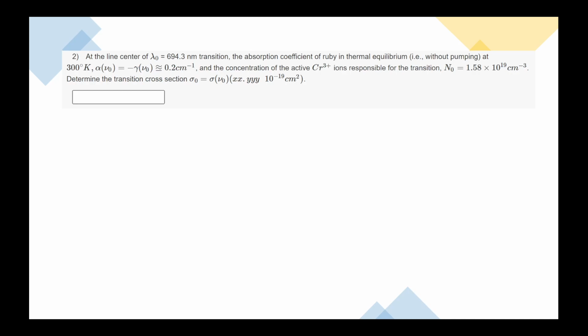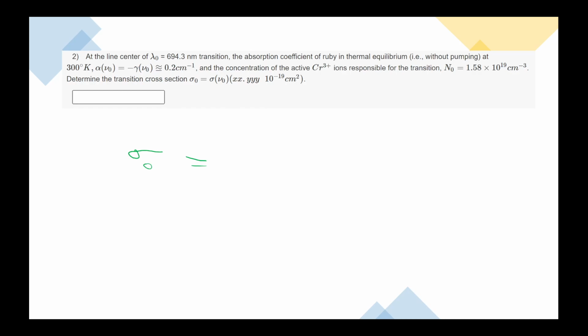In this, what they have asked is the transition cross section. So what could be the transition cross section? Sigma naught is equal to, what is that?